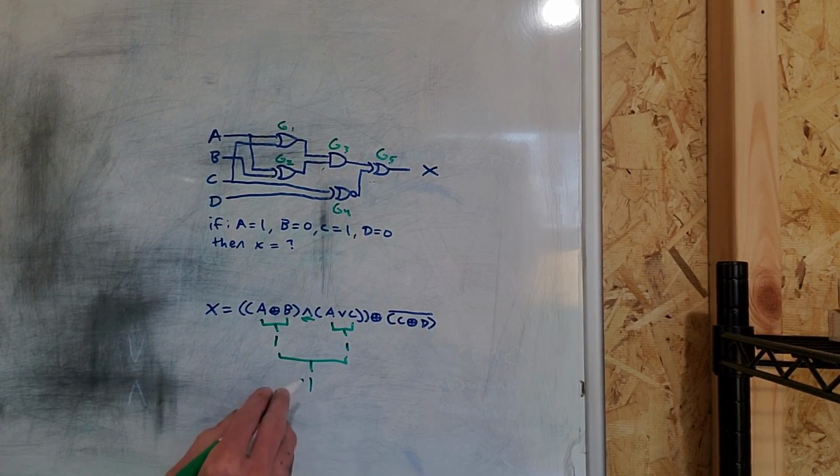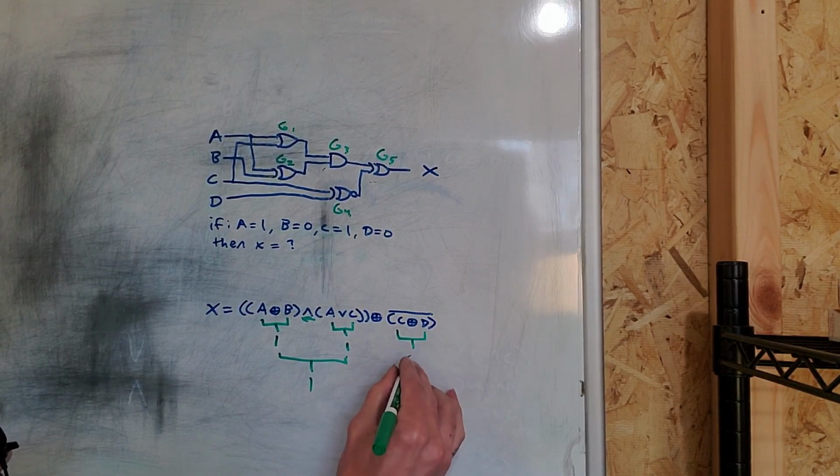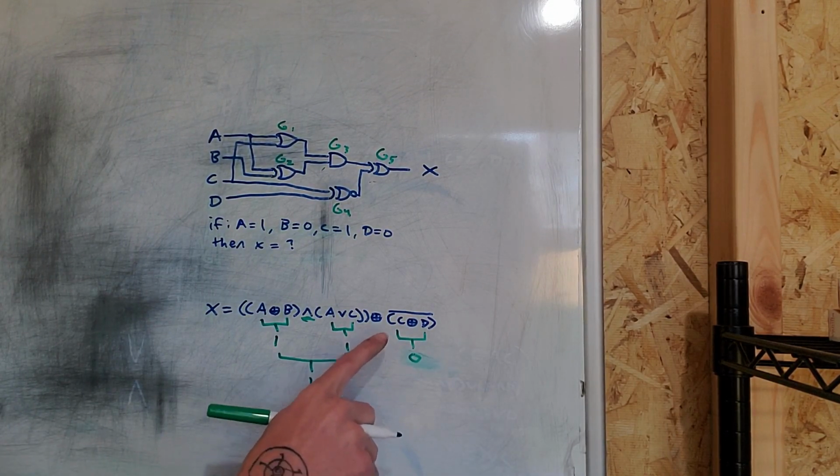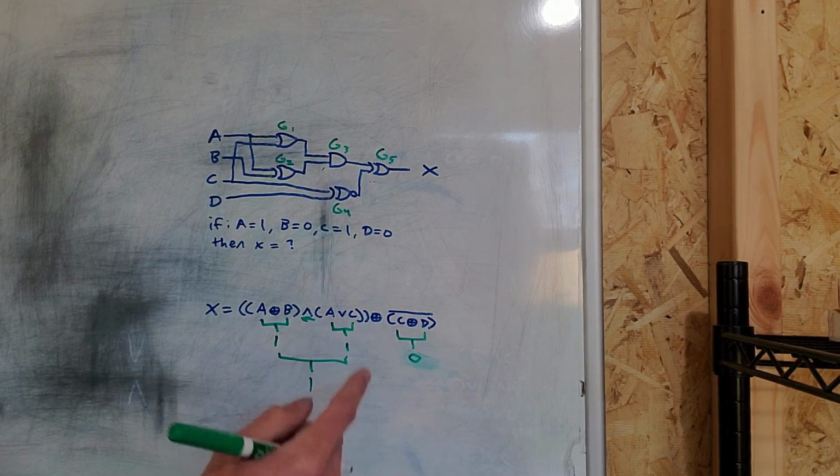So then we have this secondary gate here with the C and D. C XNOR D would be 1 XNOR 0. And being the inverse of an XOR gate, that would mean that the output would be 0. You can think of it like this. Since C is 1 and D is 0, 1 XOR 0 would be 1, but then you have this negation that then converts it to 0.